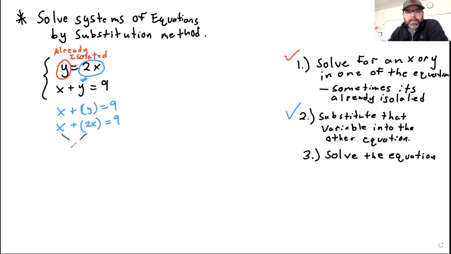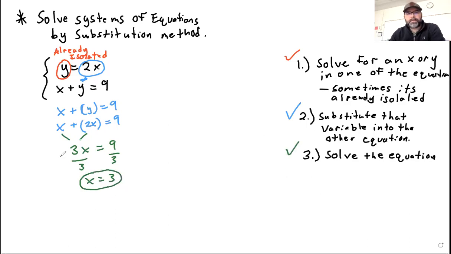X plus 2x gives me 3x equals 9. And then we're going to divide by 3. And we get x equals 3. So we've solved the equation. So now we know the value of x. X is 3.